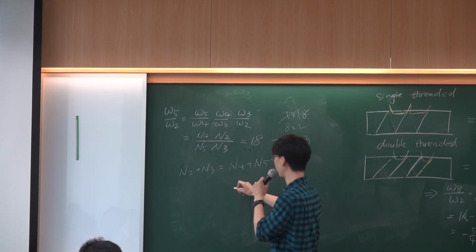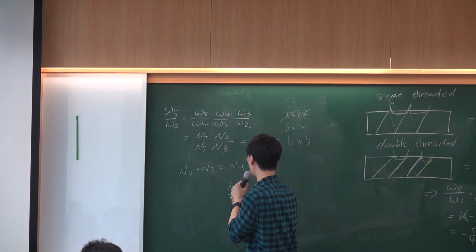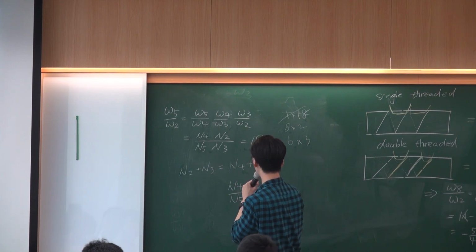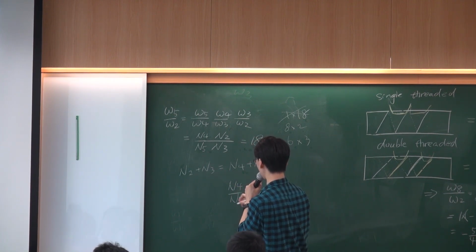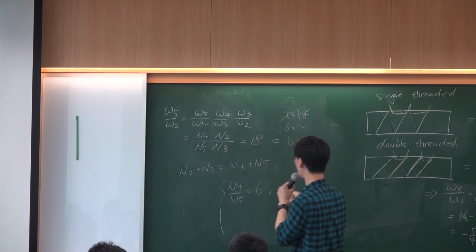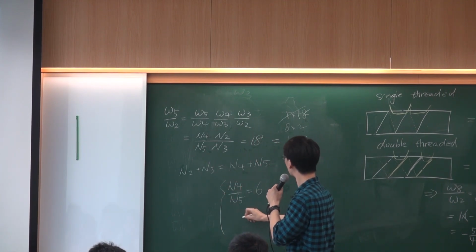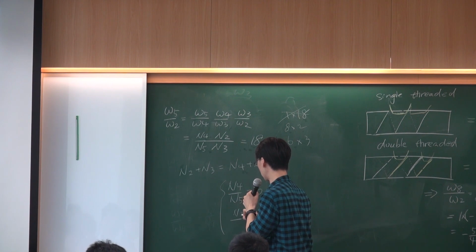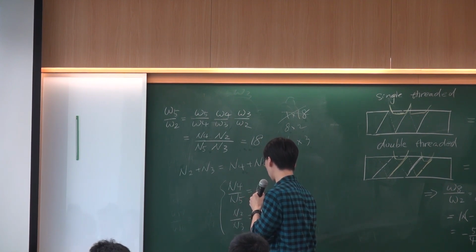So that means N4 over N5, make it 6, and N2 over N3, 3.